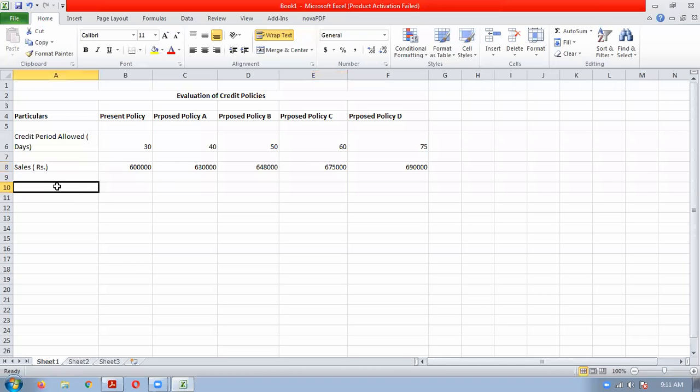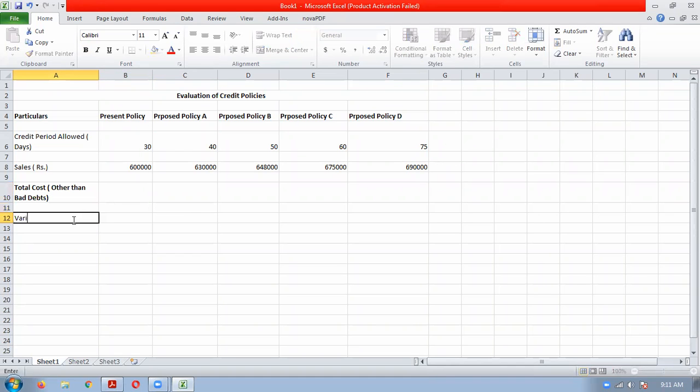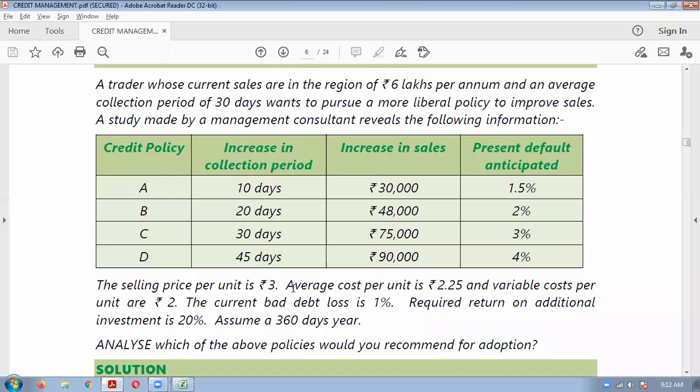Now next we can write the total cost, other than bad debts. So total cost will always be variable cost plus fixed cost. What is variable cost per unit?